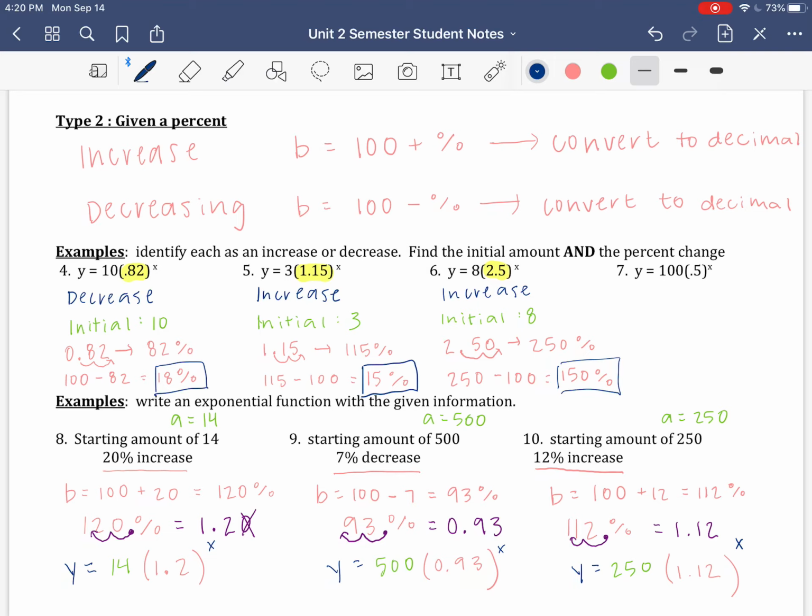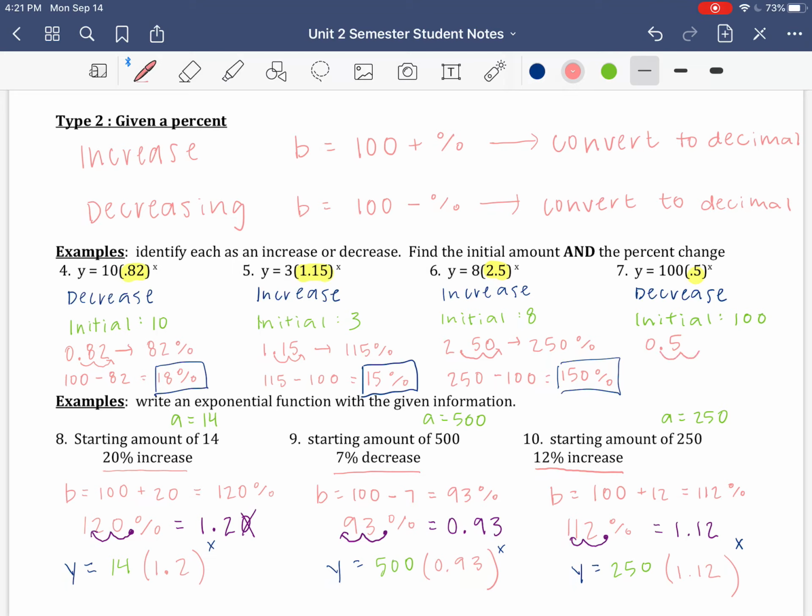All right, last one, we've got y equals 100 times 0.5 to the x. 0.5, my number in the parentheses, is less than 1, so I know this is a decrease. I know my initial, that 100 out front, tells me that I started with 100. So I'm going to take my b value, 0.5, and I need to convert it back to a percent.